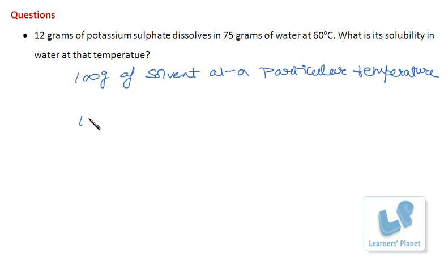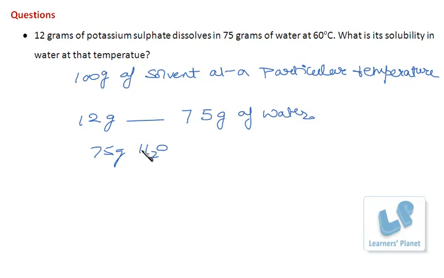So this 12 grams of potassium sulfate is present in 75 grams of water. Or 75 grams of water contains how many grams of potassium sulfate? 12 gram. So 100 gram of water will contain how much potassium sulfate?